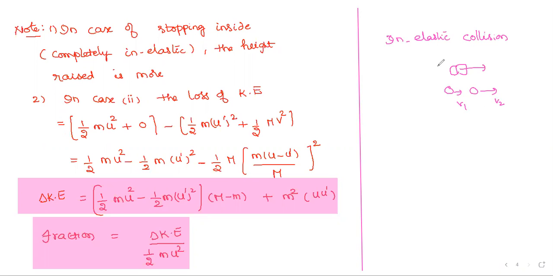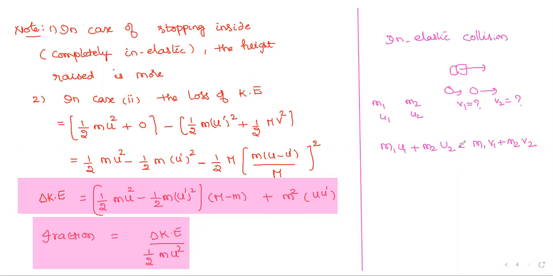In this type of collision, when we come to the exam, they will give M1, M2, U1, U2, but directly they ask what are their velocities after the collision. Being a mathematics student, in any type of collision I can write only one equation, in one dimension: M1 U1 plus M2 U2 equals M1 V1 plus M2 V2.